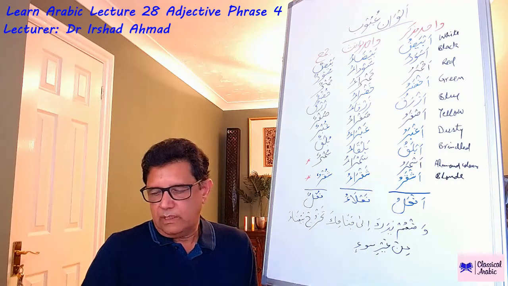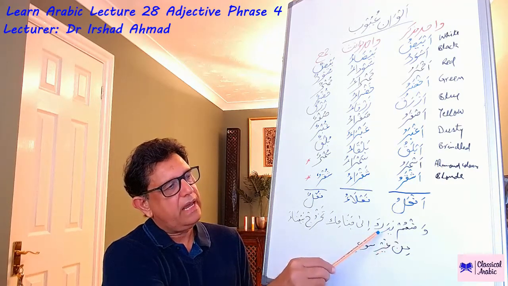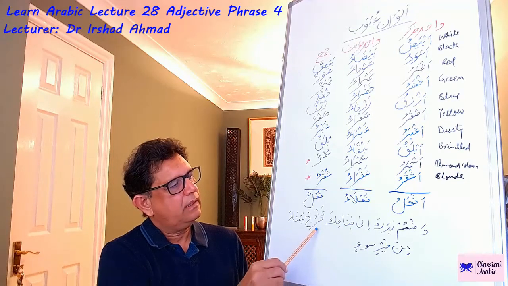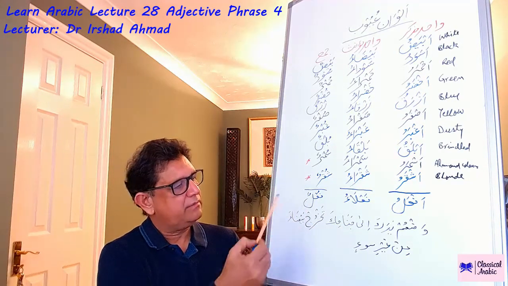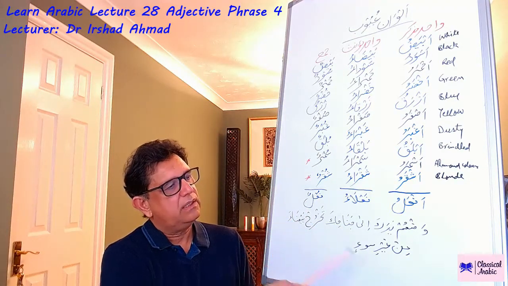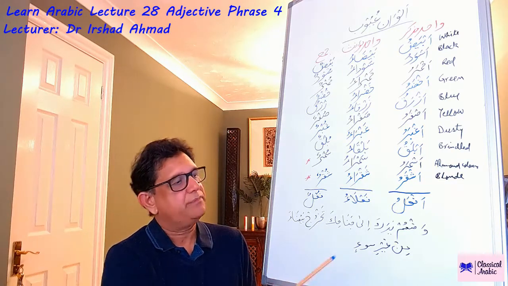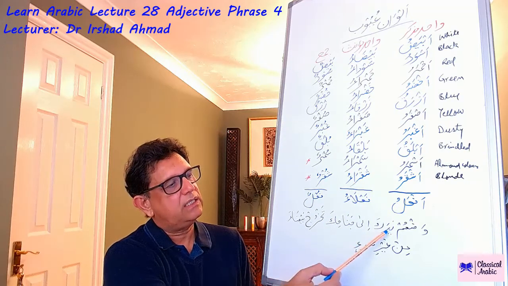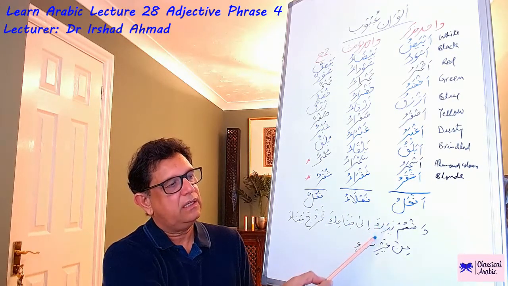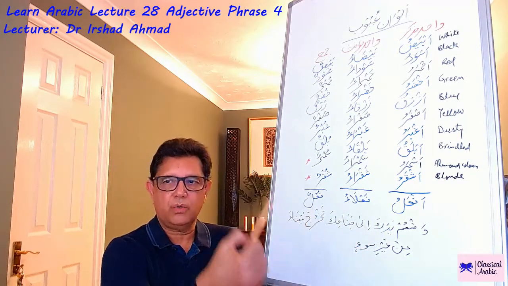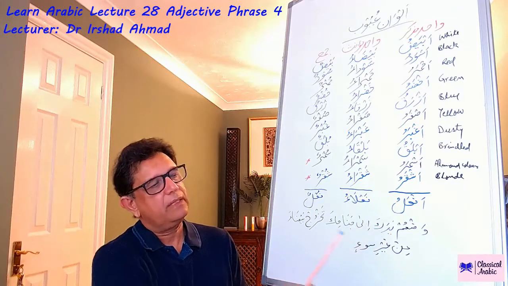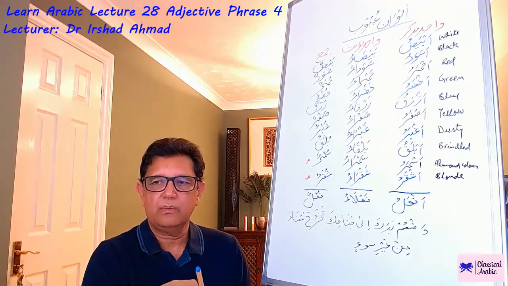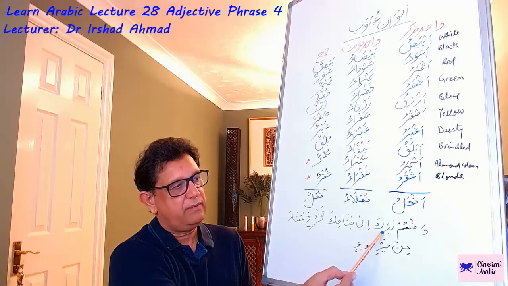So he is being asked, put your hand in your armpit and it will come out white but not diseased. The point I want to make here is that yadun is hand, and yaduka, your hand, mudaf and mudaf ilayh. All the body parts which are in pairs are feminine, so hand is feminine.